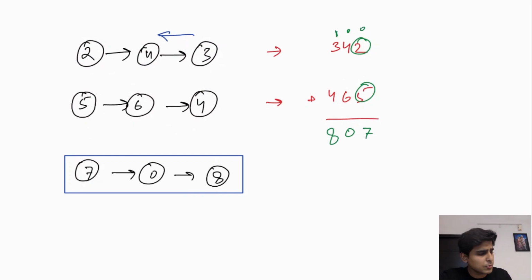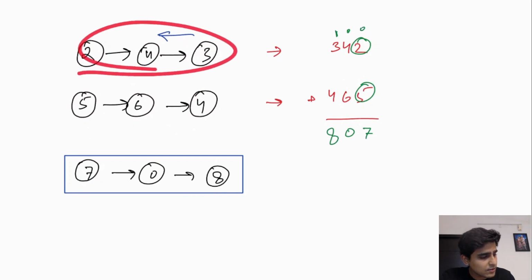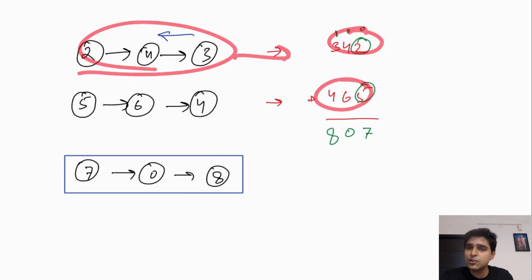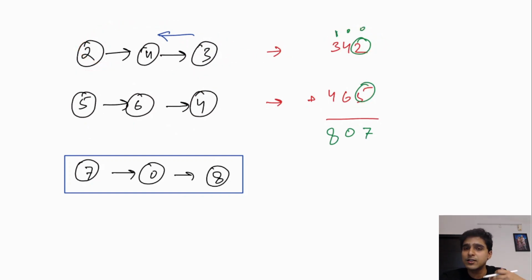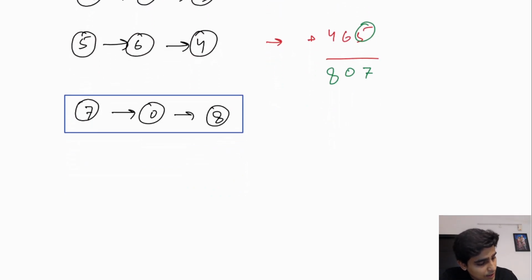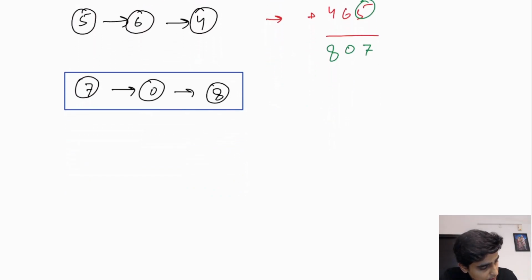Now the first question you could be asking is, can't I just convert this number directly to an integer, add those two integers, and then convert that integer to a linked list again? But that is not possible. Why? Because what is the length of the linked list? The length of the linked list is maximum 100. Now if you have 100 digits, what is the maximum number? Can I say 999 100 times?